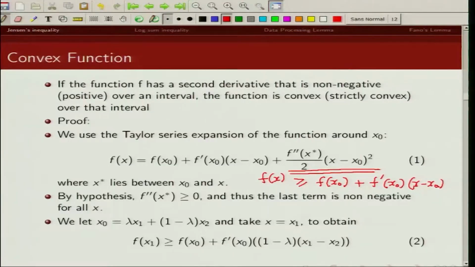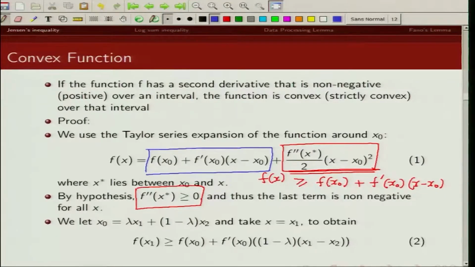So this follows from the fact that since this term is non-negative, this whole term will be non-negative, so f of x will be greater than or equal to this term.